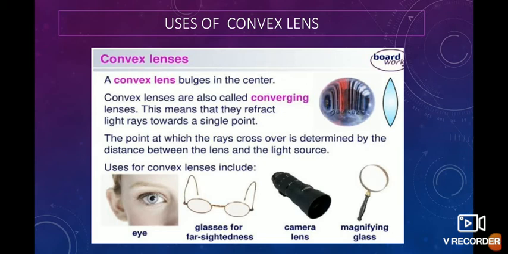They are also used in all sorts of cameras, telescopes and microscopes to increase the size of the object. Then they are also used in spectacles to see very near things, as in reading glasses. If you're not able to read properly, the doctor will prescribe you a convex lens depending on your power. Okay, so these are also made up of convex lenses.